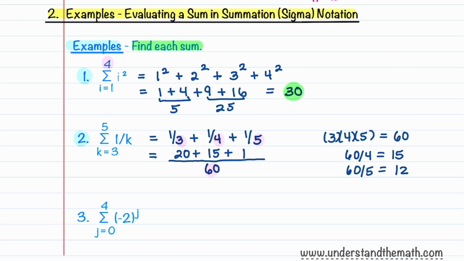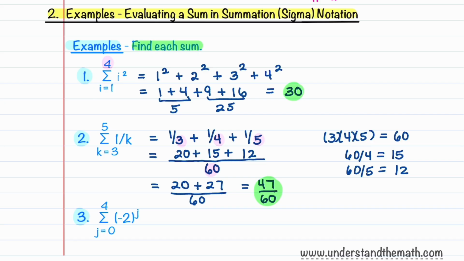So we're going to add 12. This is equal to 20 plus 15 plus 12, which is 47. We divide that by 60. So this gives us 47 divided by 60. And that's our answer. Let's now look at example 3.